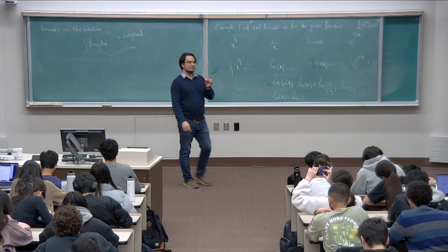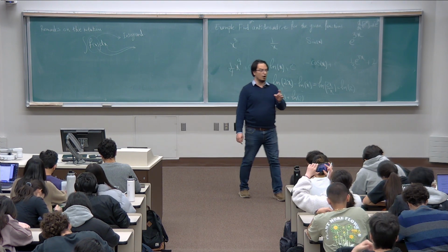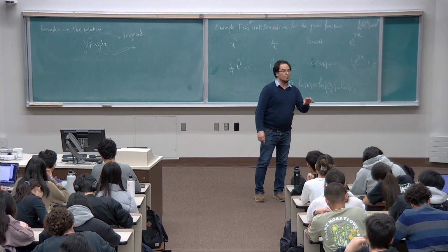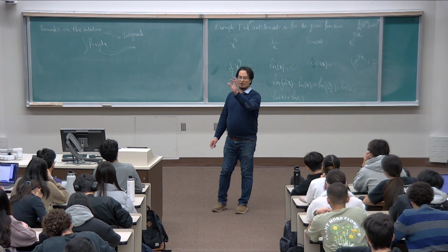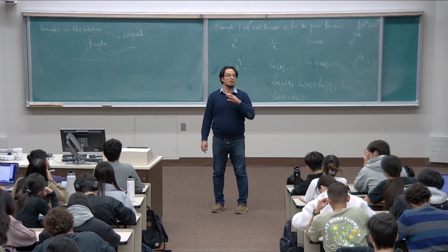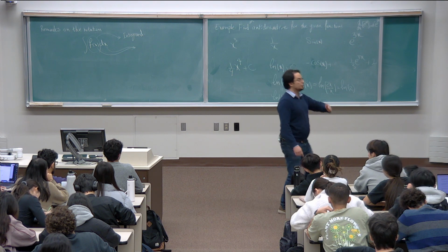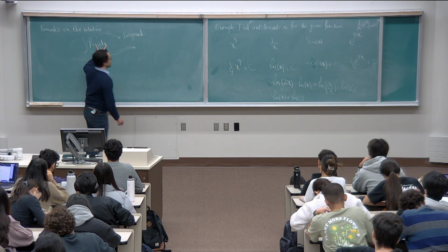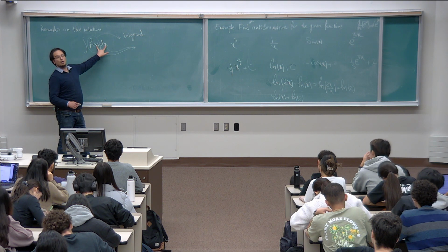That x is playing the role of the d dx that we had in differentiation. When I said d of some function dx, I meant differentiate with respect to x. Here, it means integrate or find antiderivative with respect to x.